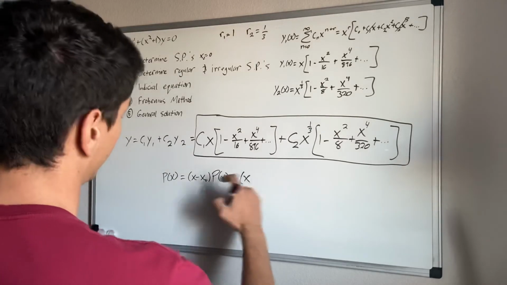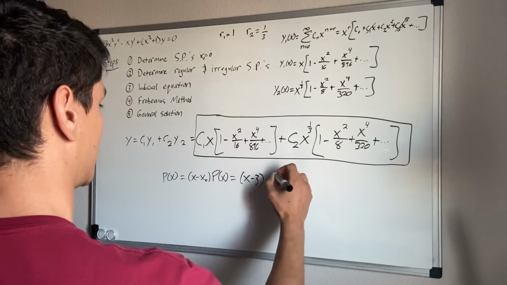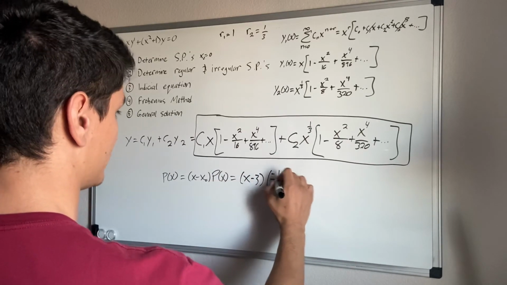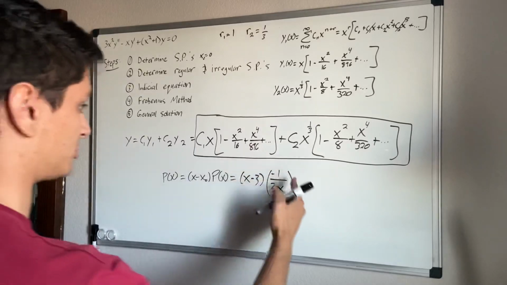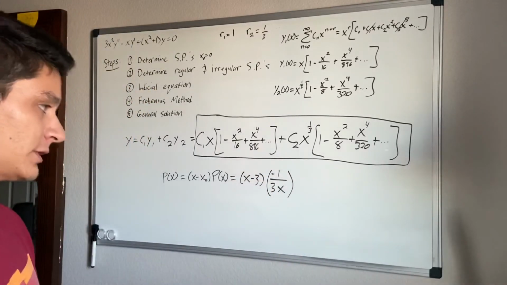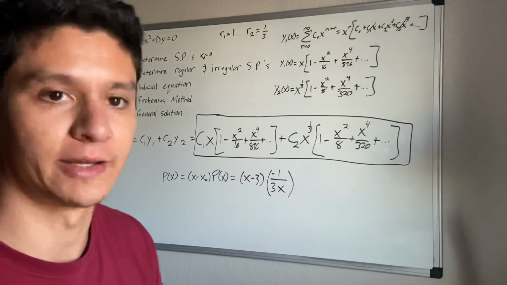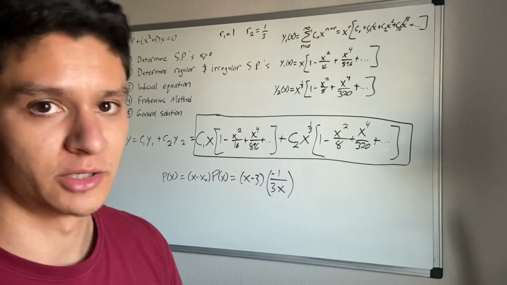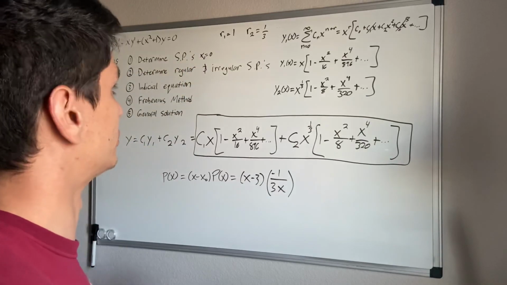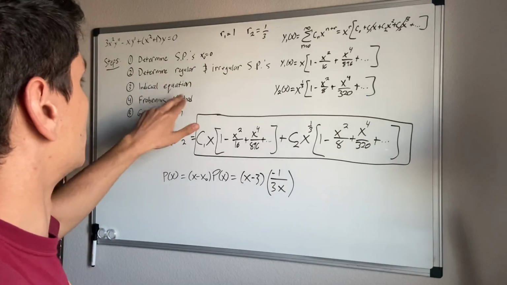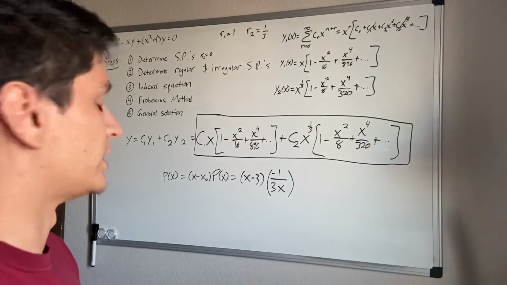If x equals 3 was the singular point, it would be x minus 3 times P of x, which was negative 1 over 3x. And then you would multiply those out and it would be different. Of course, it doesn't work with this example because I just picked that as a number. But if you had a different singular point besides x naught equals 0, then you would have to work it out a different way. But those 5 steps will pretty much get you to the answer every time.